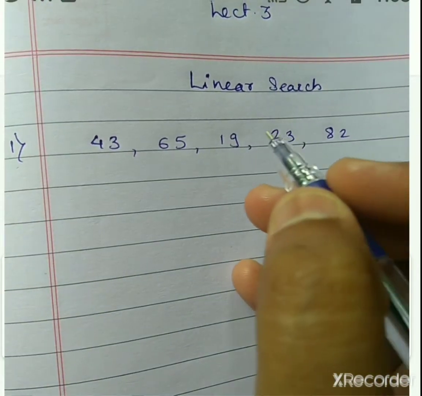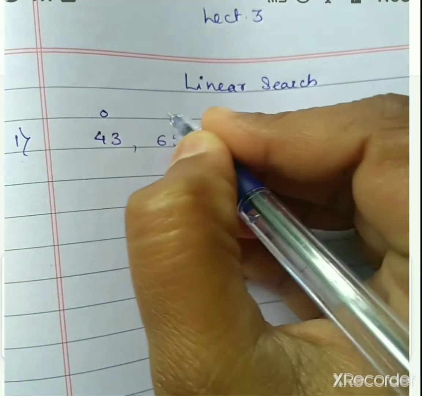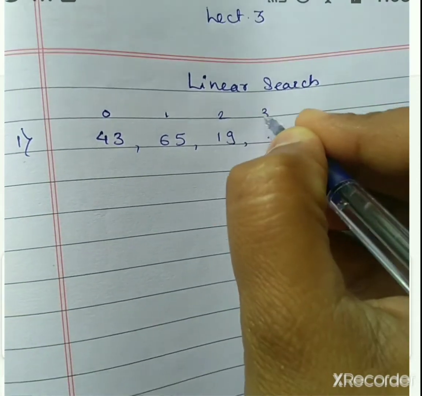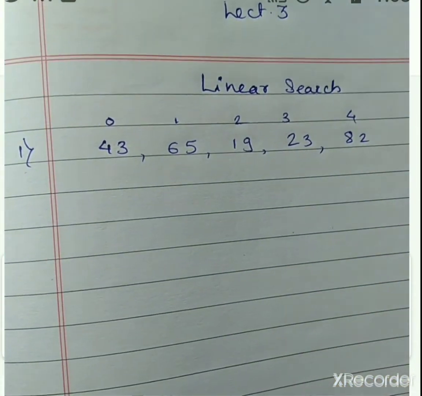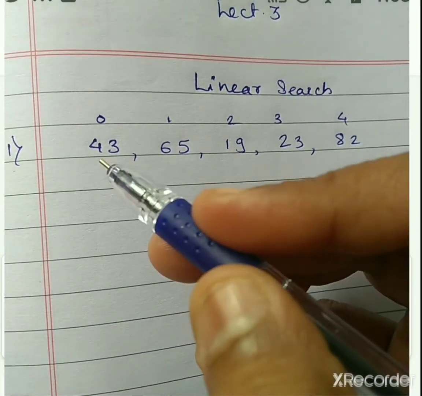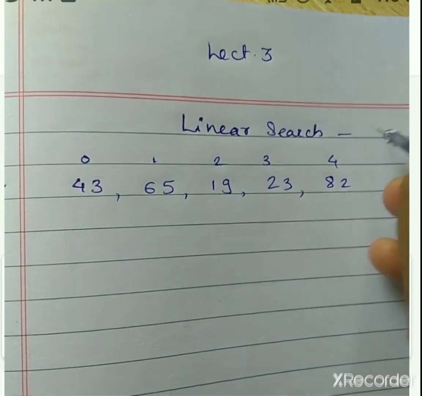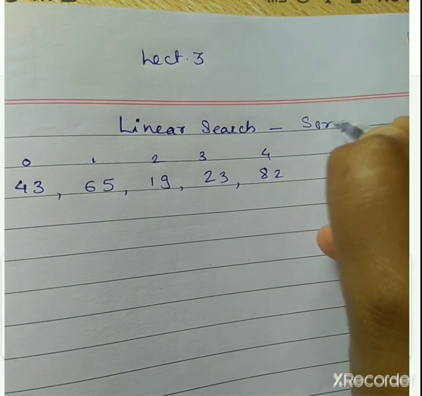In linear search, we have to search the element linearly. So I will make the array positions 0, 1, 2, 3, 4. These are the 5 elements in the list. We will start our search with the 0th element. Because it is a linear search, the list can be either sorted or unsorted.